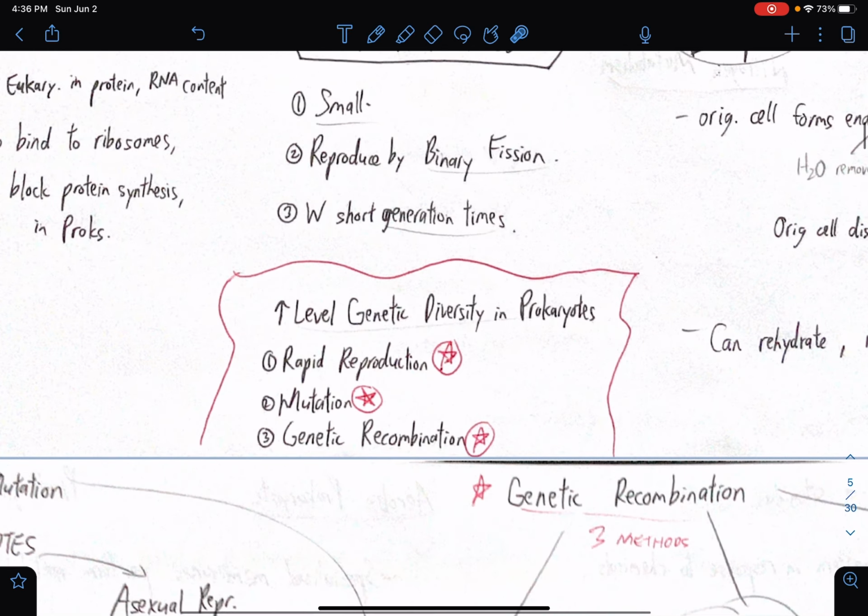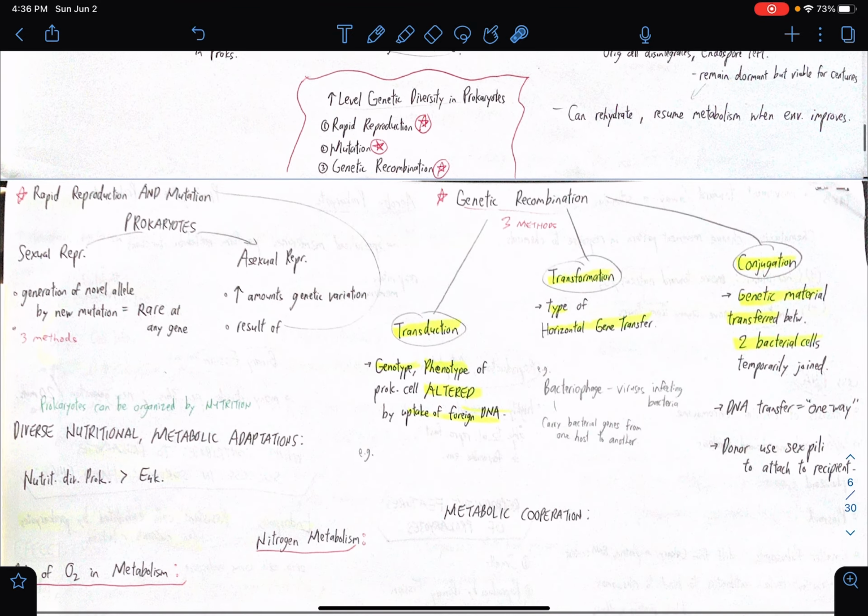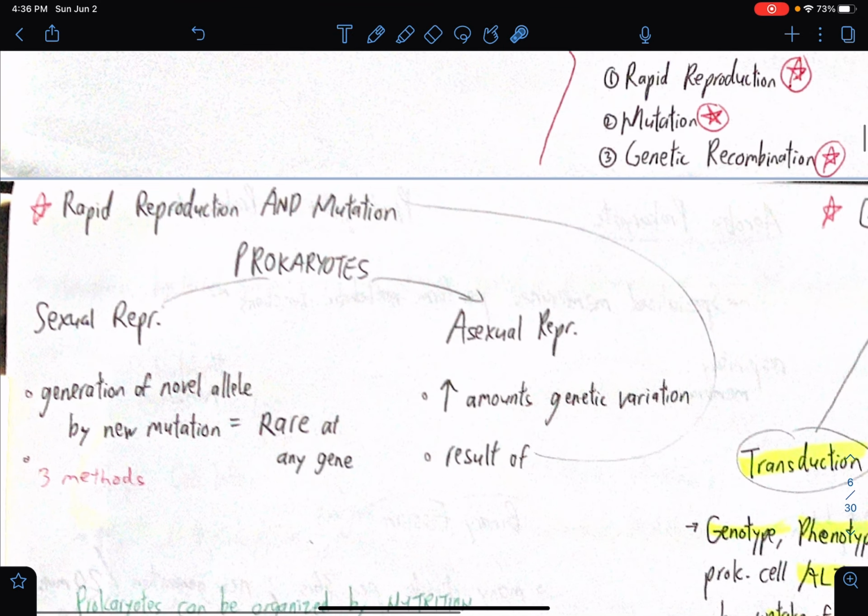Okay, so an increased level of genetic diversity in prokaryotes. So we have rapid reproduction, mutation, and genetic recombination. Let's tackle each one of them. So for rapid reproduction and mutation, prokaryotes are classified into two groups in terms of how they reproduce.